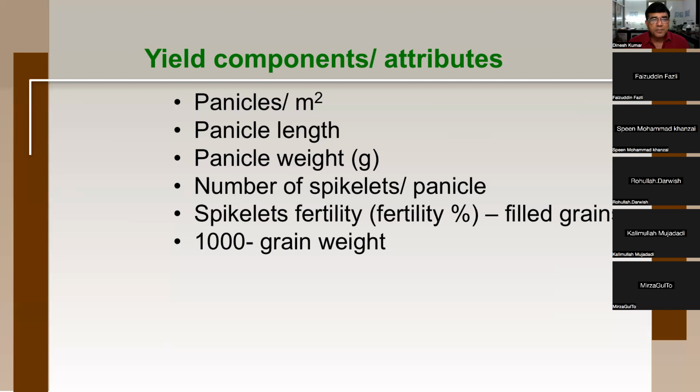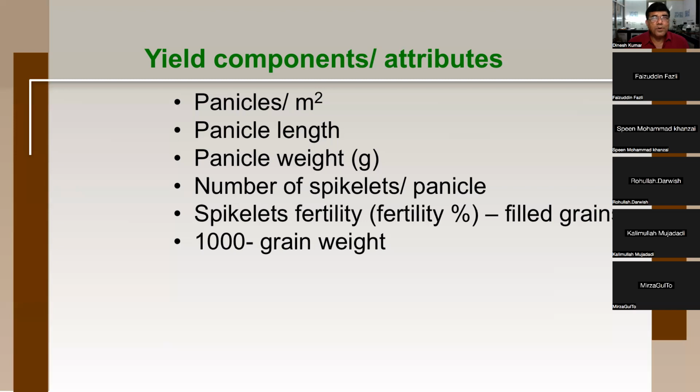Number of spikelets per panicle. So in case of rice, each spikelet may have a single grain or may not have grain. So it is the number of grains in a panicle. How many grains are filled, or how many spikelets are filled, that is your fertility percentage.